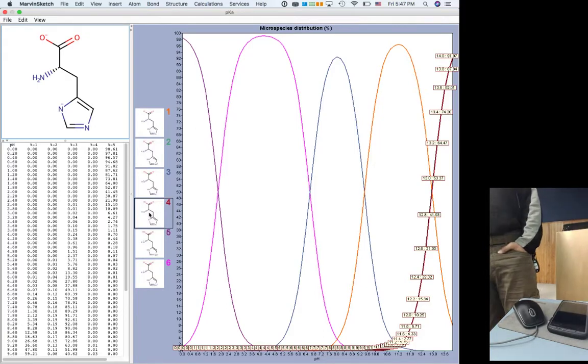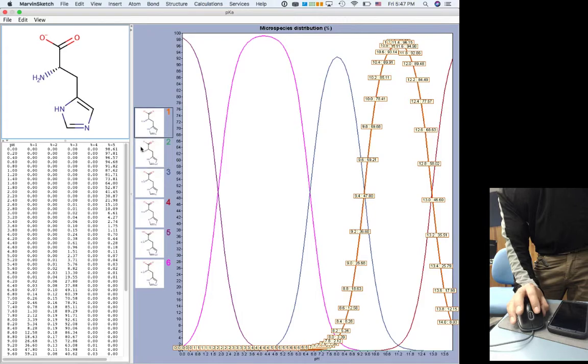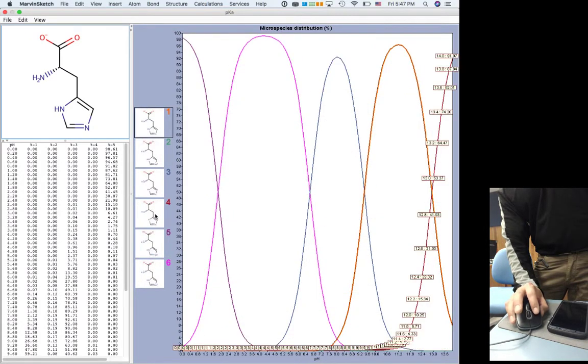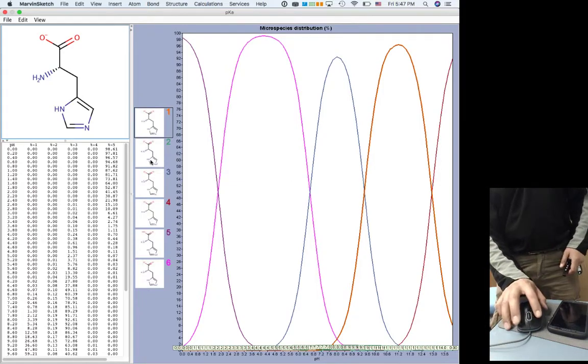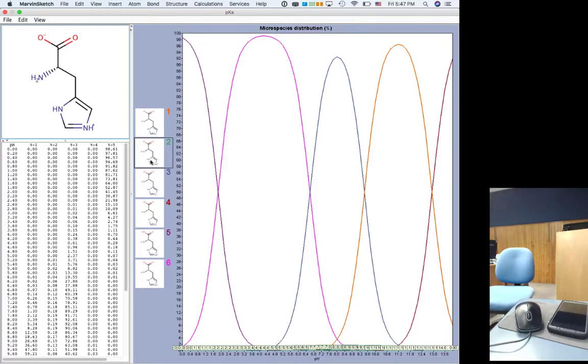And still there's another species that was way down there. This one. This is an isomer. You can see that this one barely peaks near the one that is the zwitterion. Just a similar isomer. There's another species of histidine where this carbon can lose a proton.